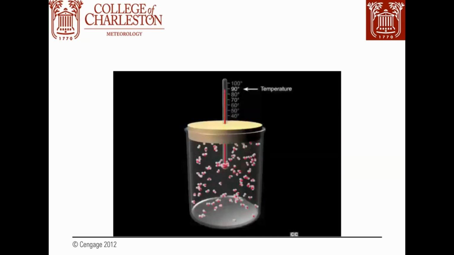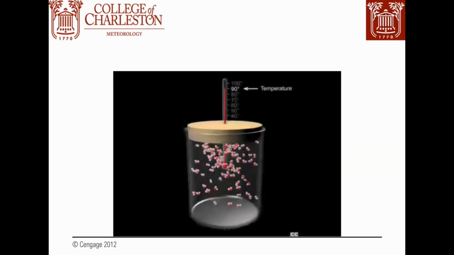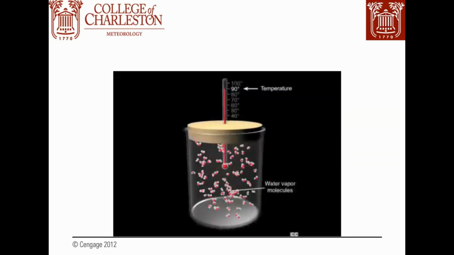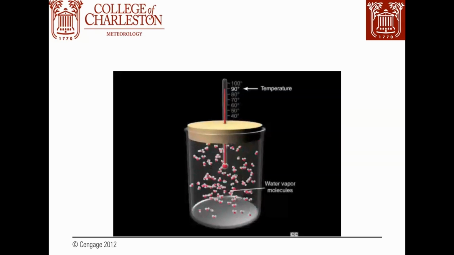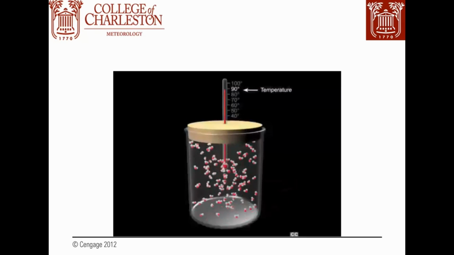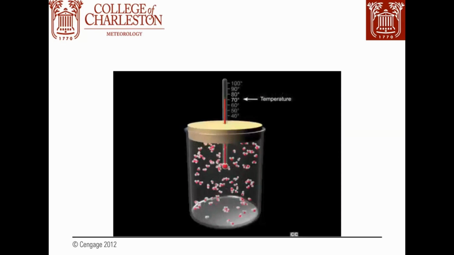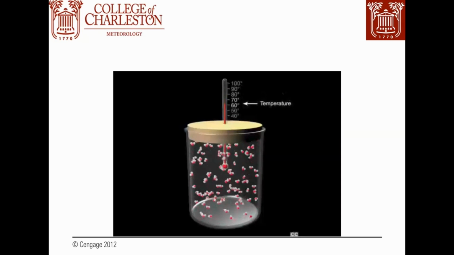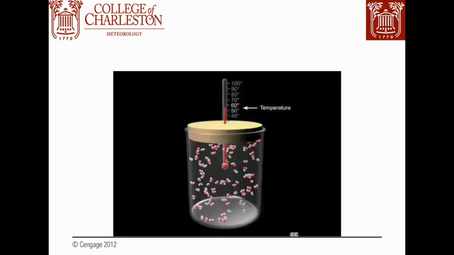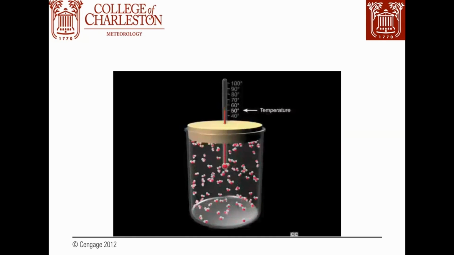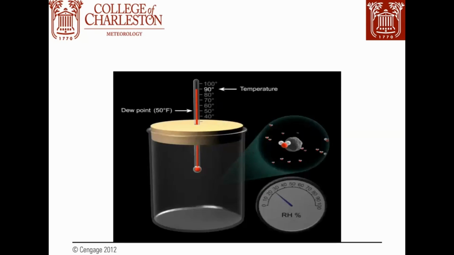And as the temperature increases, the speed of the molecules increases along with it. The same is true for water vapor molecules in the atmosphere. The temperature within the air is going to determine the average speed at which the molecules travel. Now, this concept is connected to the concept of relative humidity.